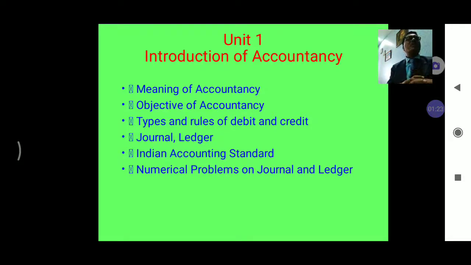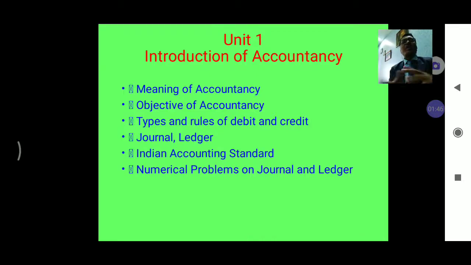In this chapter we must understand the meaning of accountancy, objective of accountancy, types and rules of debit and credit, journal, ledger, Indian accounting standards, and numerical problems on journal and ledger.